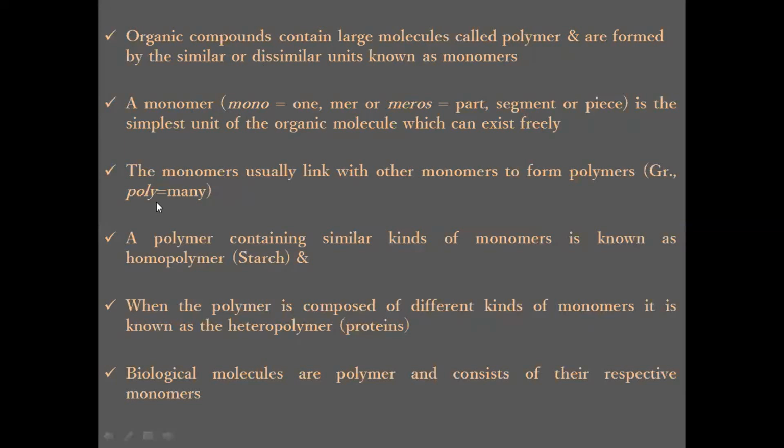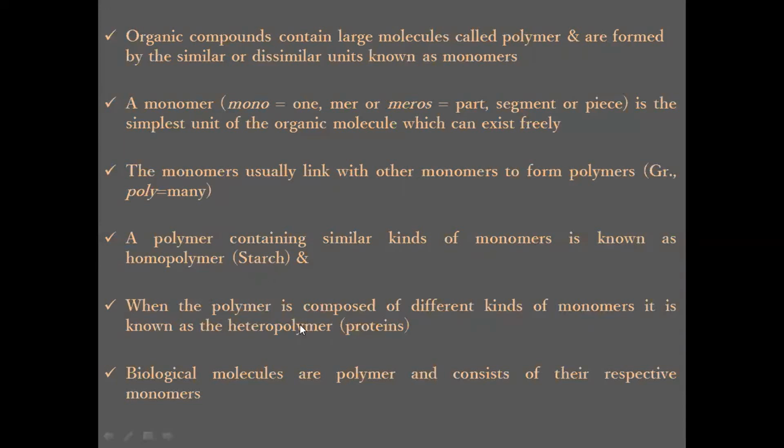Polymer is from a Greek word which means many. So monomers link with each other to form a polymer or big molecule. A polymer containing similar kinds of monomer is known as a homopolymer, for example starch in plants.